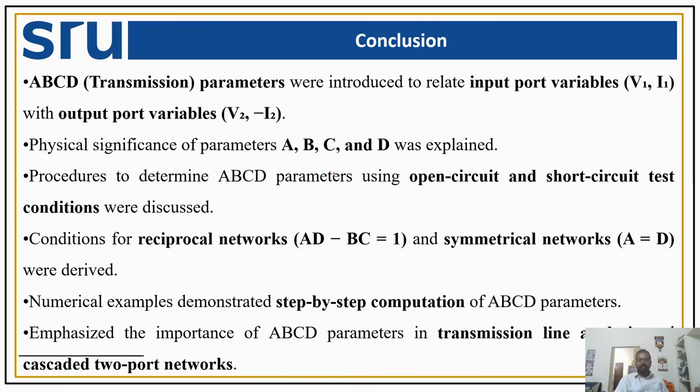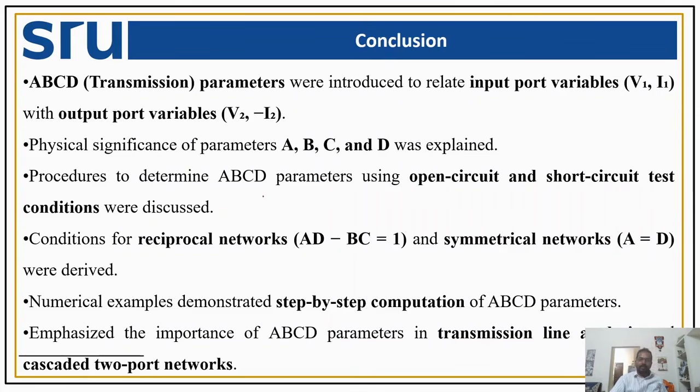In ABCD parameters, the input port variables, V1 and I1, are functions of the output port variables, V2 and I2. V2 and I2 are independent, and we see what the response will be at the input port, V1 and I1, with a change in V2 and I2. So V1 and I1 are dependent variables.